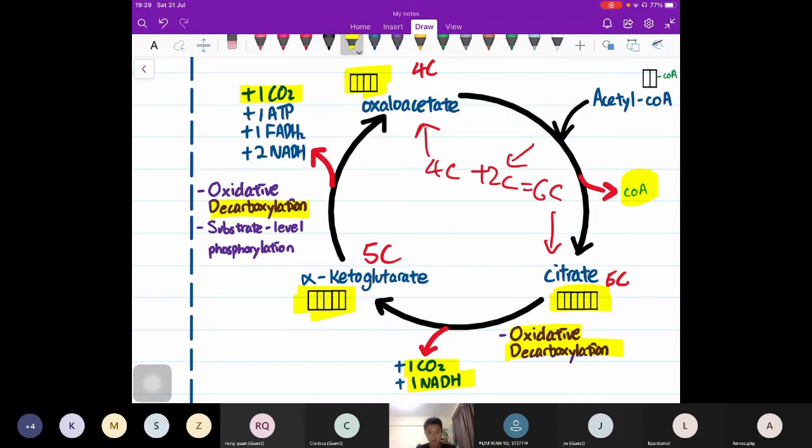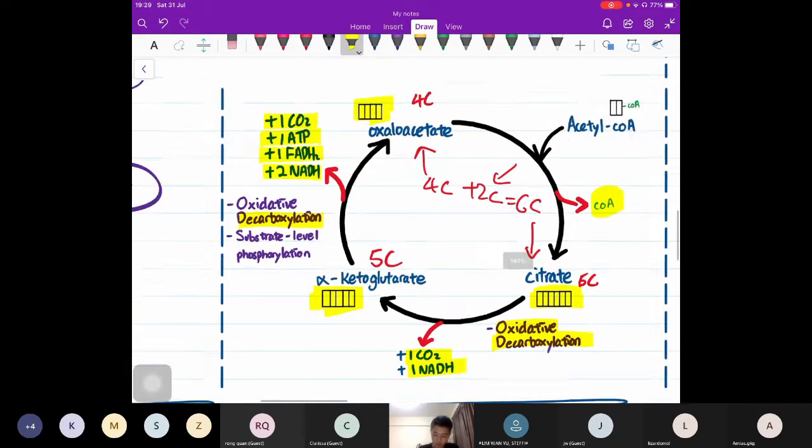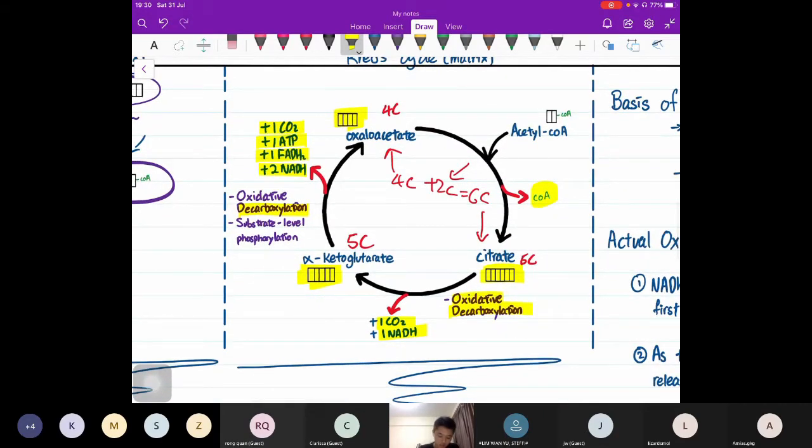But it's different here because you also have FADH2. So you have 1 FADH2, 2 NADH, and there's substrate level phosphorylation as well, therefore 1 ATP is produced here. The products are very important to remember, but it's easy to remember as well.